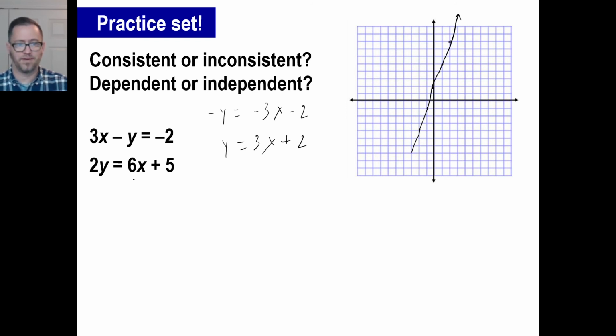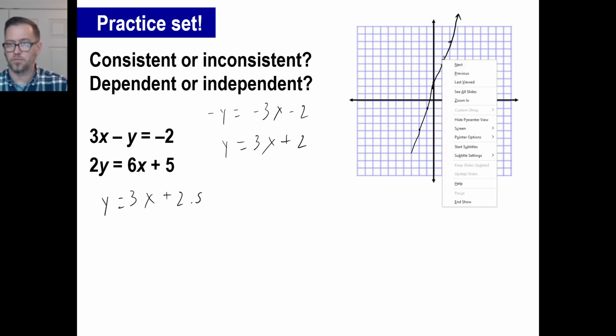Okay, close enough. Now 2y equals 6x plus 5, divided by 2, that's y equals 3x plus 2.5, or 5 halves. So we have 2.5, so 1, 2, and then there's our y-intercept. This is going to be a joy to get. 1, 2, 3, and then over 1.